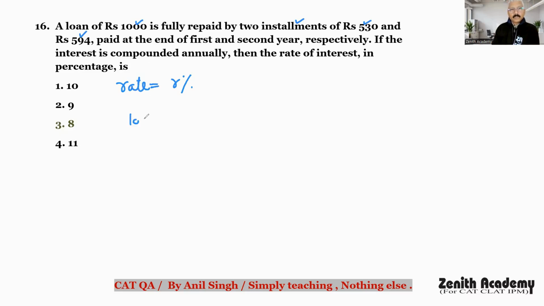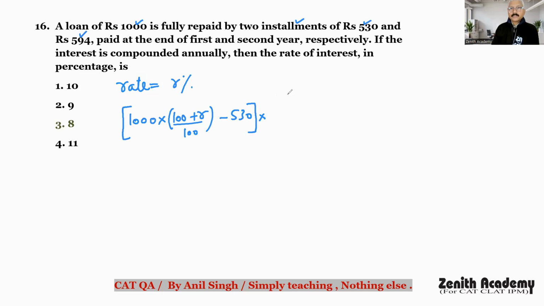So rupee 1000 after 1 year will be 1000 times (100 plus R) by 100. But after 1 year, 530 rupees is given, so minus 530 will be the outstanding amount for the next year.